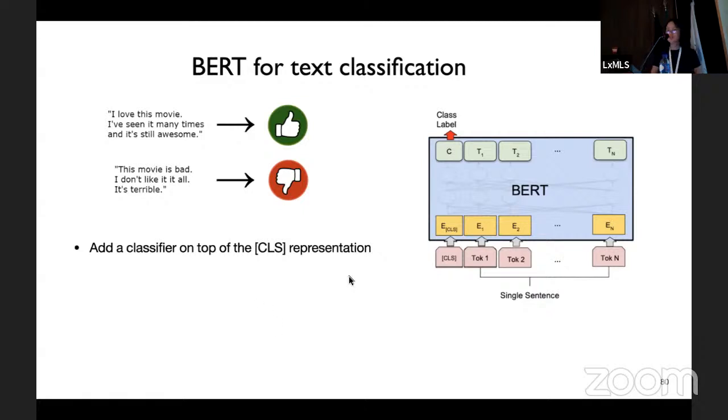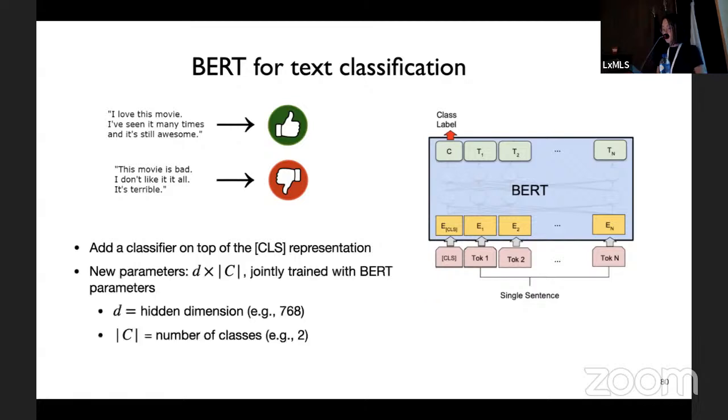The idea is very simple. You just add a linear classifier on top of this CLS representation, and you essentially just need to add very minimal parameters. Let's say D is the hidden dimension of this transformer encoder, and C is the number of classes. Essentially, you just add 1 linear layer on top of the CLS representation, introducing D times C new parameters, 768 for BERT base times 2.